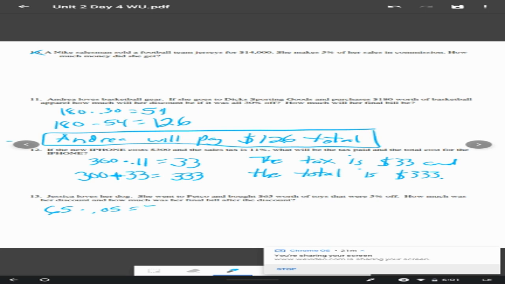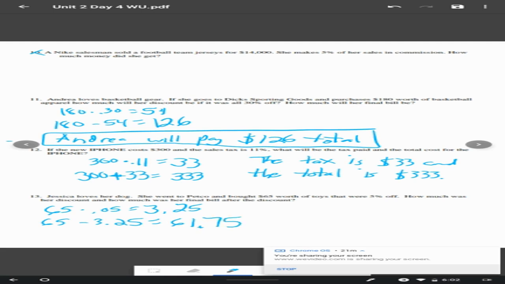We get 3.25, which is nice. And then because it's talking about a 5% off, right? And it's talking about discount, we subtract those two numbers. So it'd be 65 is my original, subtracted 3.25. So 65 minus 3.25. And we get 61.75 total.